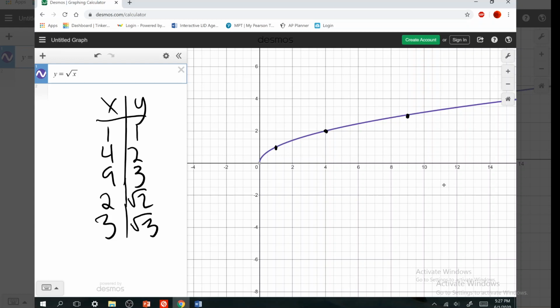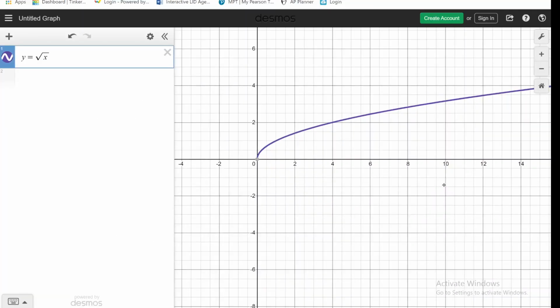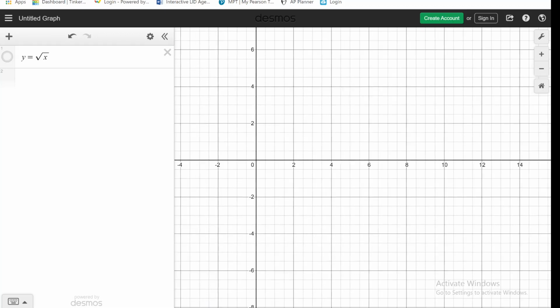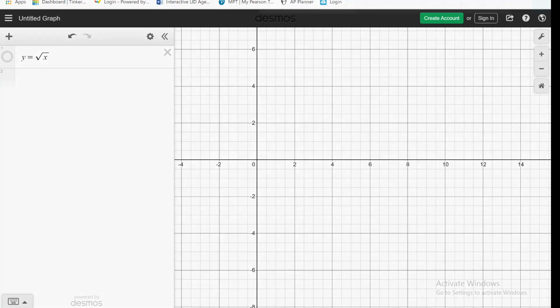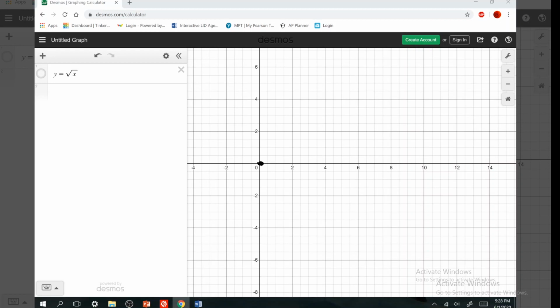And picking things we know the square root of that are nice numbers makes graphing it way easier. Like if I was trying to graph this from scratch, I'll just delete my entire square root thing here. All I would do is pick the points that are really easy. Square root of 0 is 0. Square root of 1 is 1.